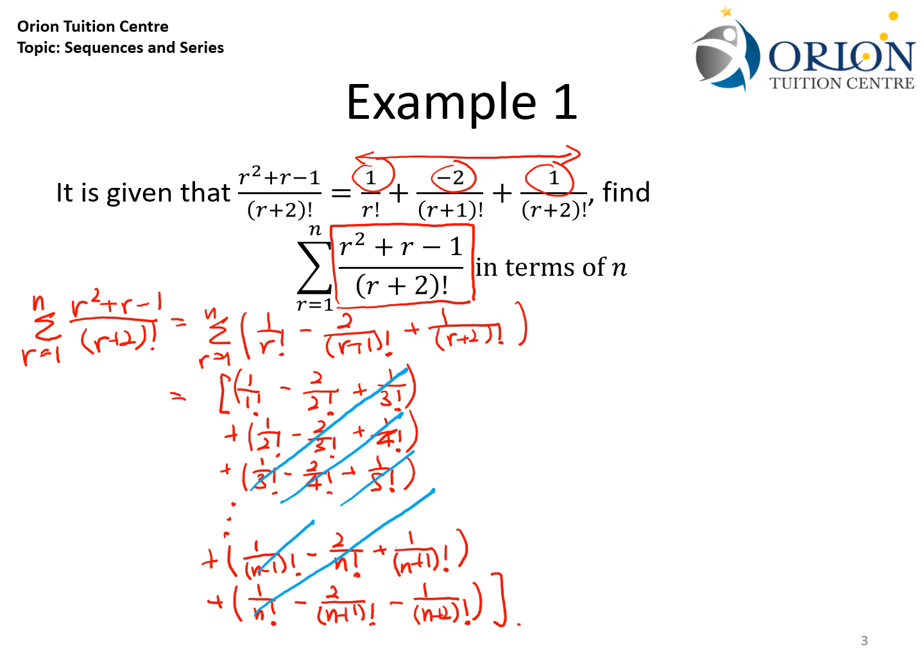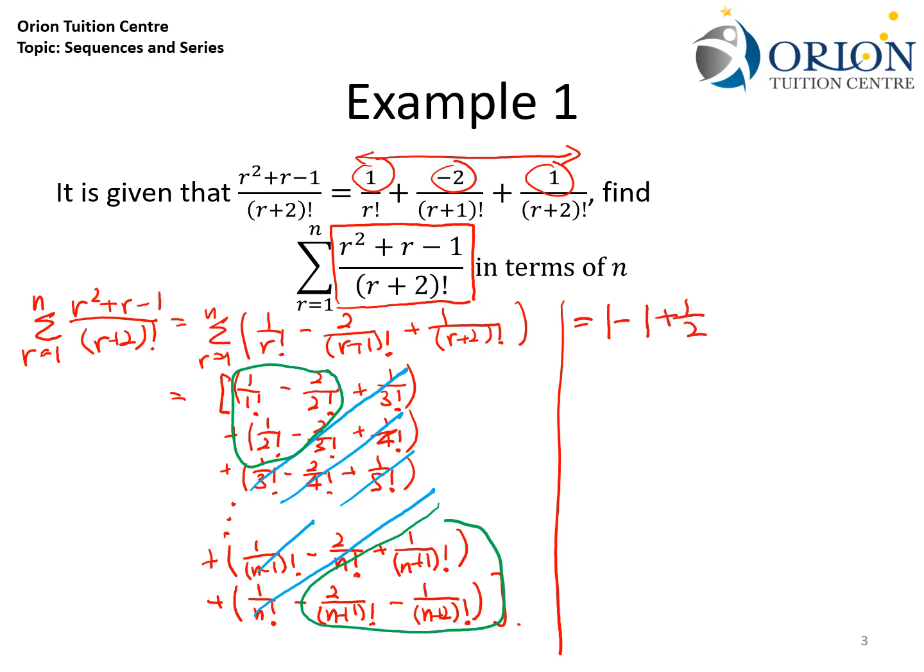And thus we are left with these three terms here and these three terms here, which will give us 1 minus 1 plus half plus 1 over (n plus 1) factorial plus 1 over (n plus 2) factorial minus 2 over (n plus 1) factorial.